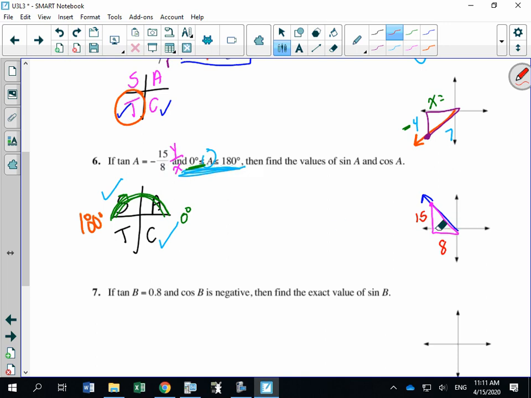Here in this quadrant, my x's are negative. So that negative goes here. Use Pythagoras' theorem to figure out what r is, and then do these two trig ratios. Make sure you check your answer using the CAST rule. So in quadrant 2, sine, you better get a positive answer, and cosine better be negative.